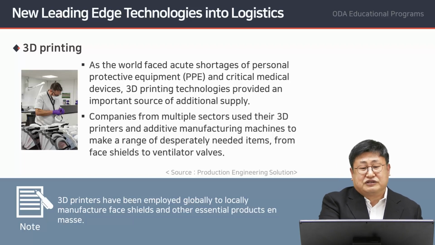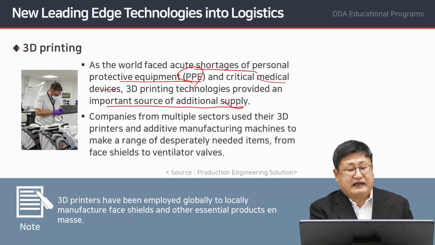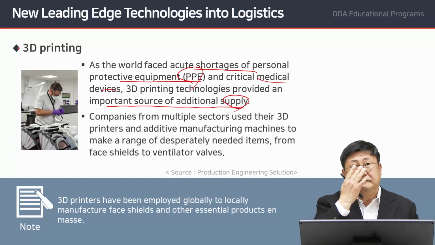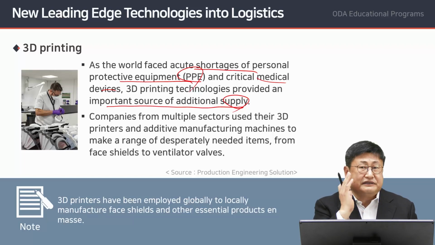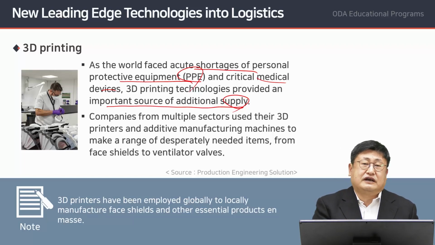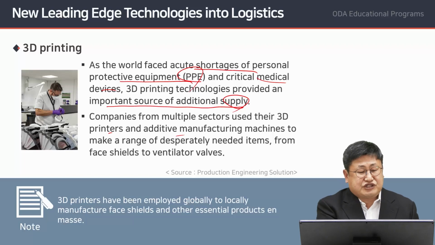As the world faced a shortage of personal protective equipment like PPE and critical medical devices, 3D printing technology provided an important source of additional supply, like face masks, and I believe the transparent face shields used by doctors. Companies from multiple sectors used their 3D printers, additive manufacturing machines, to make a range of desperately needed items, from face shields to ventilator valves.